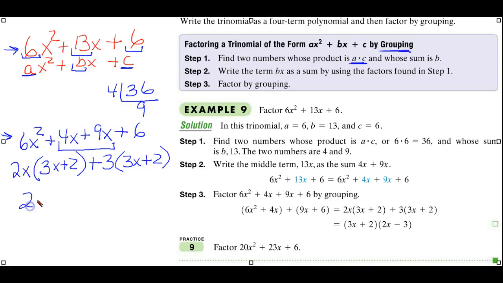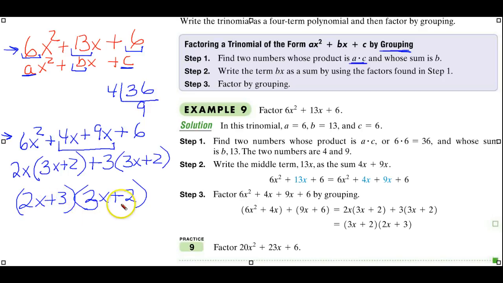So this then becomes 2x plus 3, and our common other factor, 3x I should say, plus 2. Okay, had to save myself there.